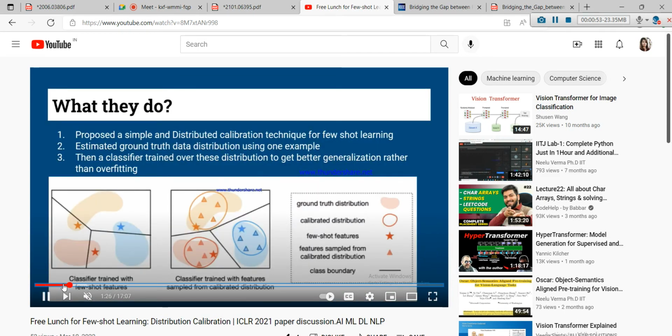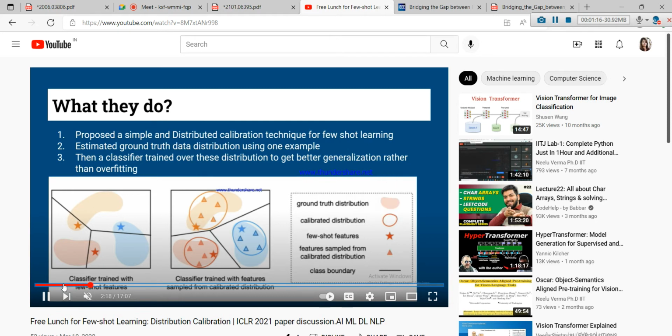That's why the Free Lunch for Few-Shot Learning paper proposed a simple distribution calibration technique. The complete paper is based on estimating the ground truth distribution using one example, and then training a classifier over that.